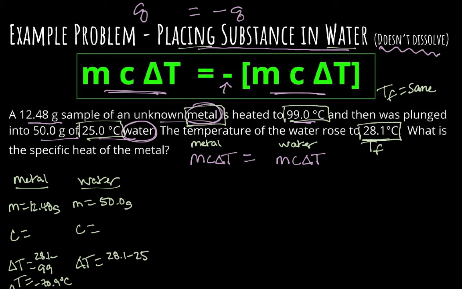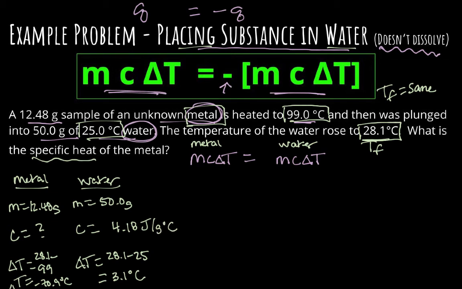So our delta T for the water was 3.1 degrees Celsius. Okay, last thing is specific heat. So I'm solving for specific heat of the metal. So that's what I'm looking for. And then for my water, like we did in the last problem, specific heat of water is 4.18 joules per gram degrees Celsius.